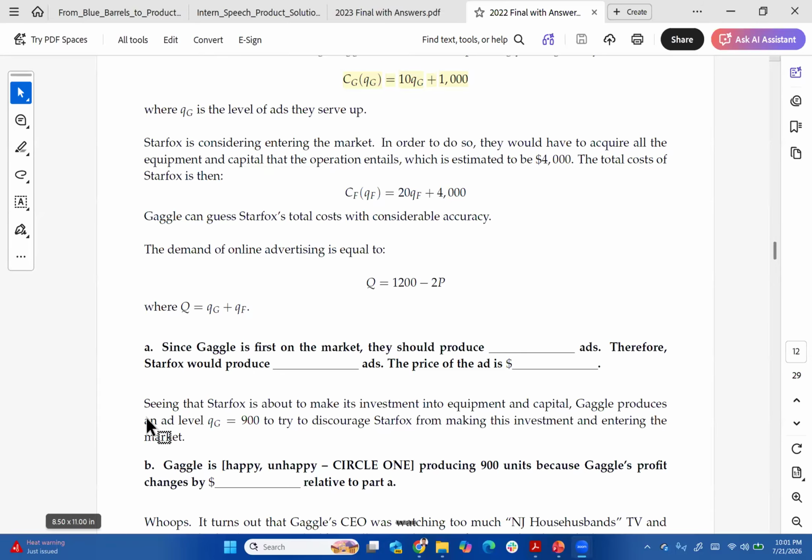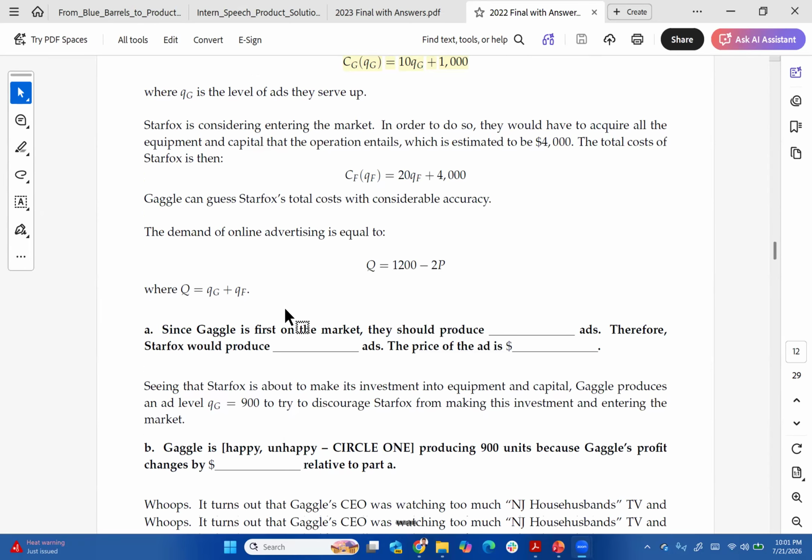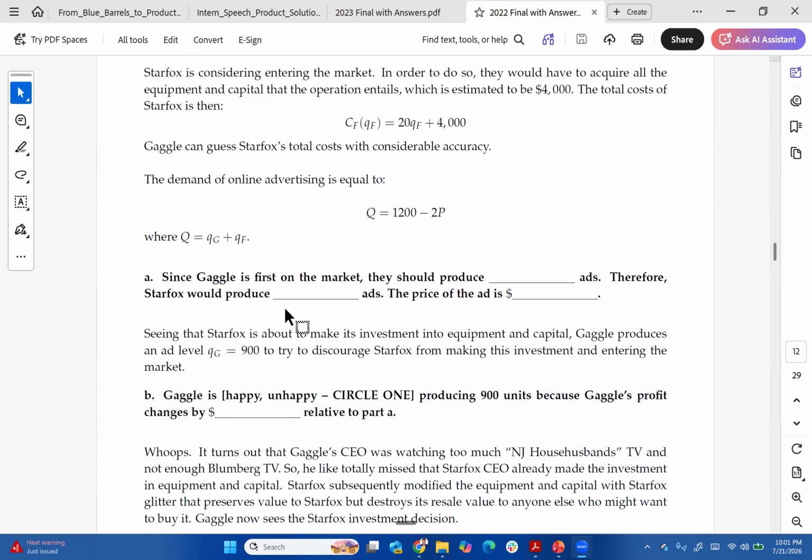Part B says, well, seeing that Starfox is about to make an investment in equipment and capital, Gaggle produces an ad level of this much, trying to discourage Starfox from making an investment and entering the market. So this is the reaction curve. It's already telling you how much quantity they're going to produce, see if that helps or not. So this would be a good example to test out your ideas on Stackelberg and Cournot.